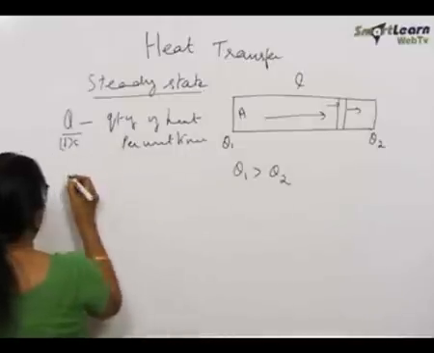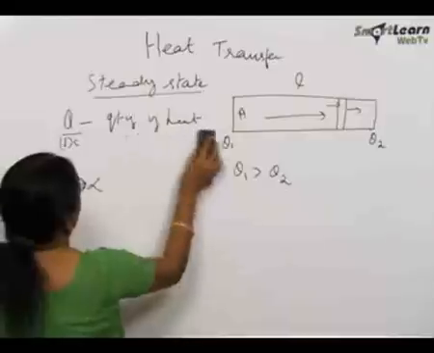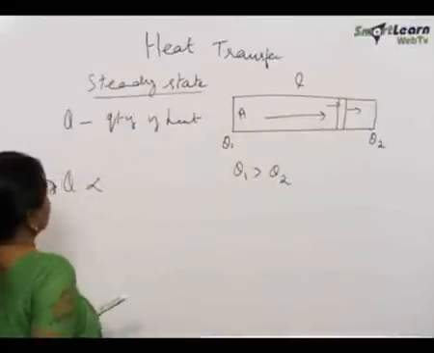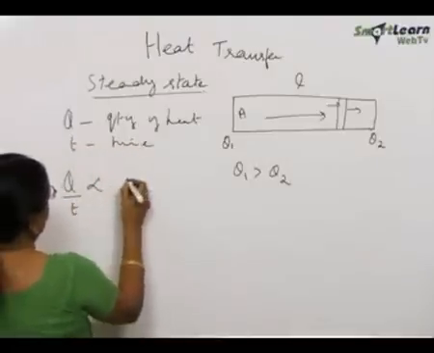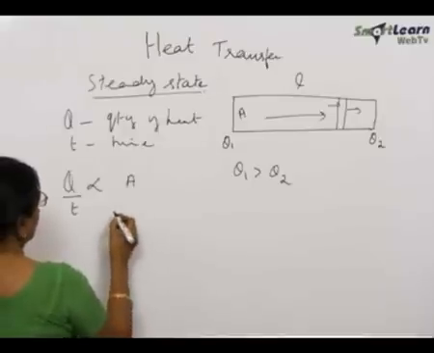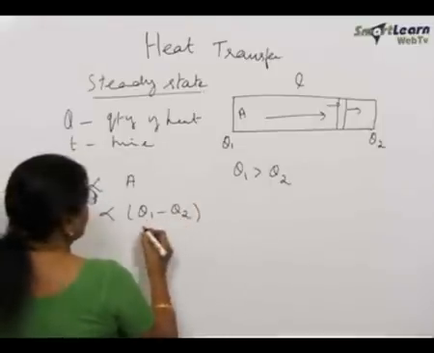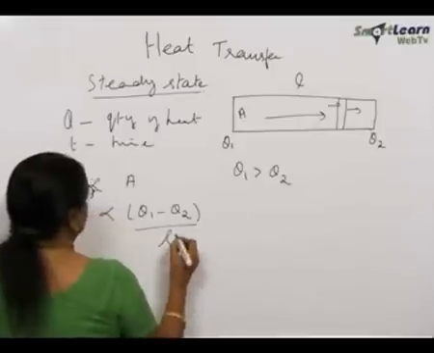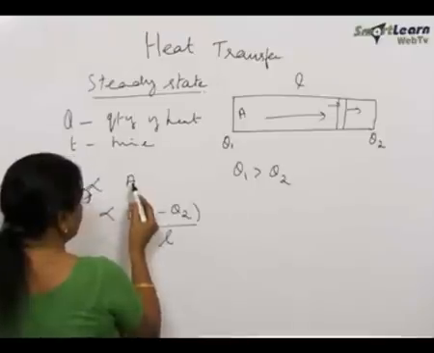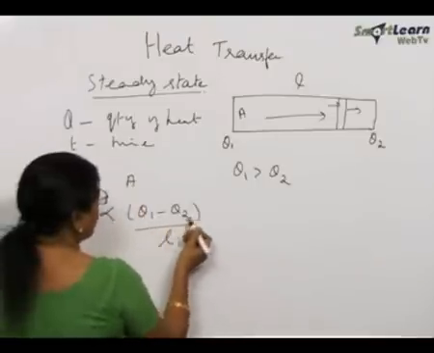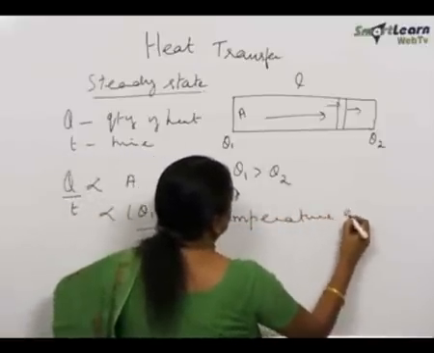Then it is found that Q by T, quantity of heat by time, is proportional to area of cross section and proportional to the difference in temperature, and inversely proportional to length, or the temperature gradient. So, the quantity of heat conducted per unit time is proportional to area of cross section and the temperature gradient. This is called the temperature gradient.